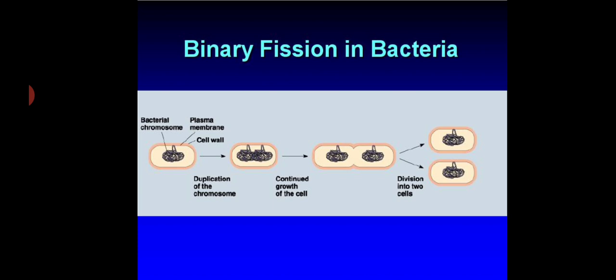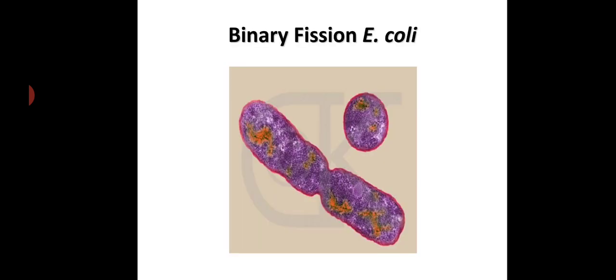At the center of the cell, an invagination forms and continues to grow toward the center, forming a cell plate-like structure which divides the bacterium into two. Division into two cells takes place. So this is the diagrammatic structure of binary fission.